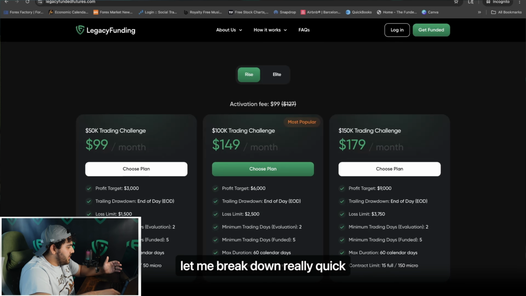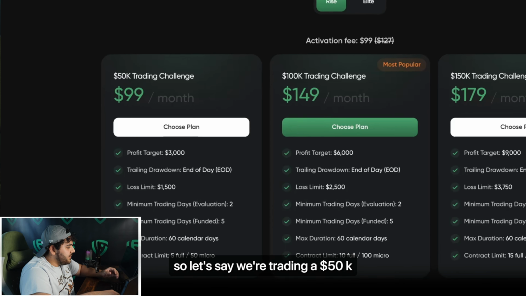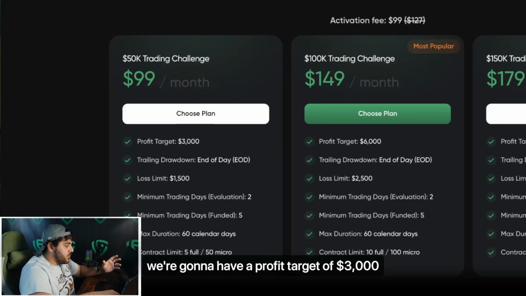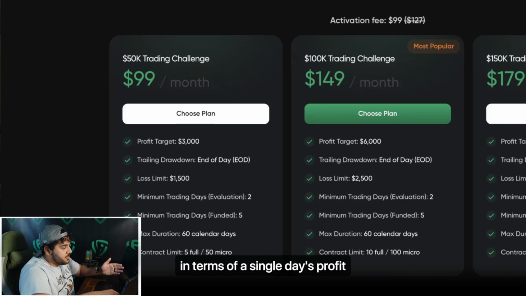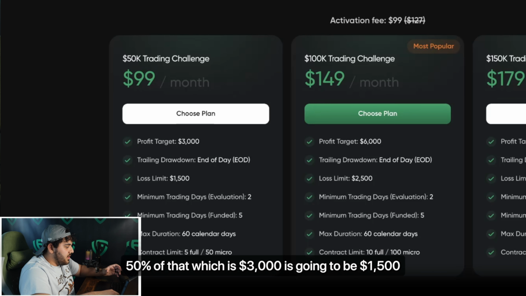Let me break down really quick what are the other consistency rules we should follow on these accounts. So let's say we're trading a 50k, we're gonna have a profit target of 3,000. We don't want to surpass a 50% consistency rule in terms of a single day's profit. So that single day's profit cannot go over 50% of our total profit target. 50% of that, which is 3,000, is going to be 1,500.